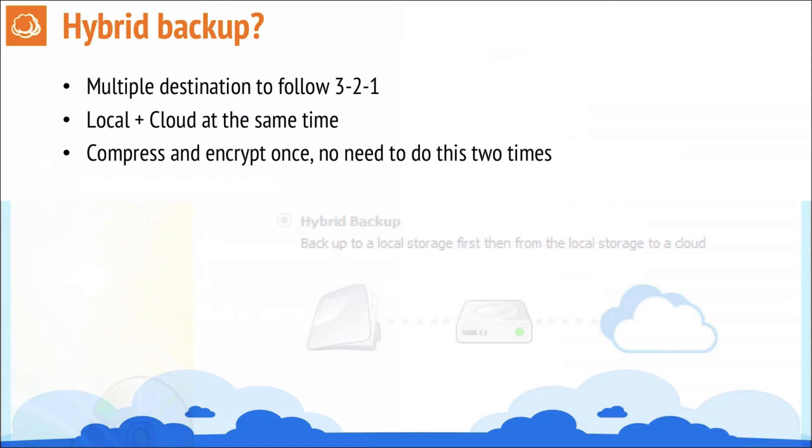We're going to go into the demo part in just a few minutes. As an example, we can keep the initial backup somewhere in our network attached storage or on a local computer, and at the same time, this backup can offload the information to the cloud. So that's going to follow the 3-2-1 rule.